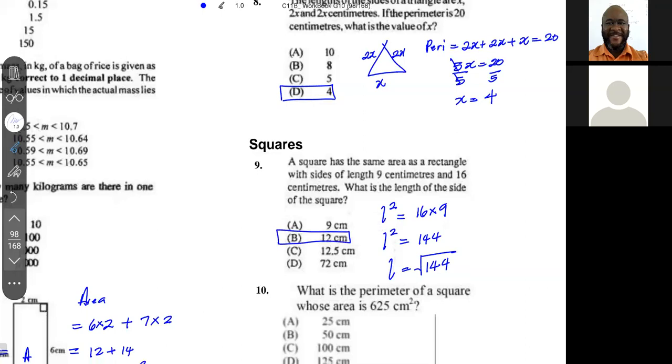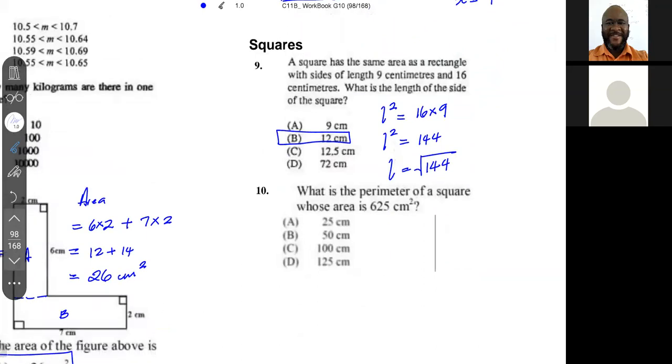Lastly, number 10. Number 10 says, what is the perimeter of a square whose area is 625 centimeters square?